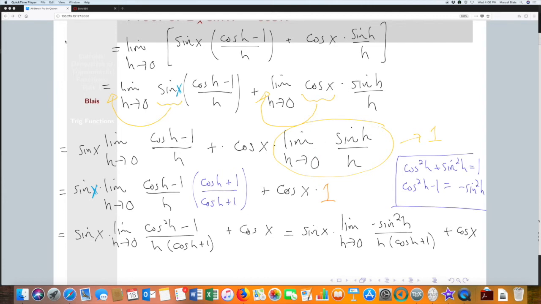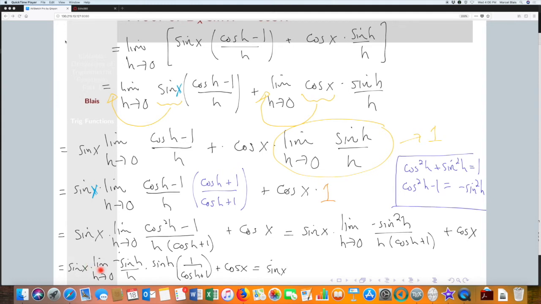So we rewrite this as sine of x times the limit as h goes to 0 of minus sine of h over h. We still have another sine of h. And then we have our 1 over cosine of h plus 1 term, plus cosine of x.